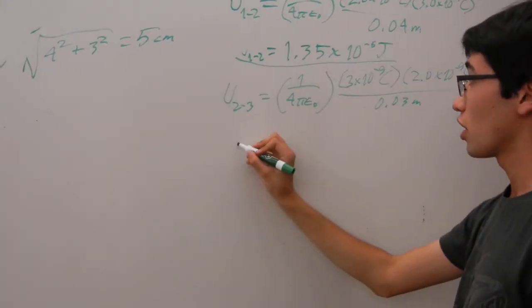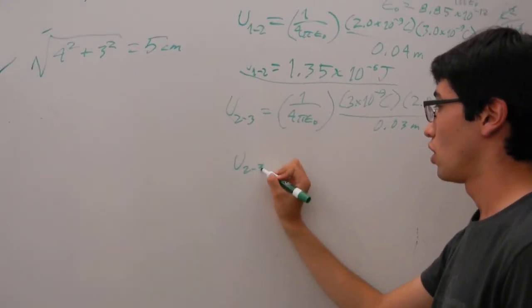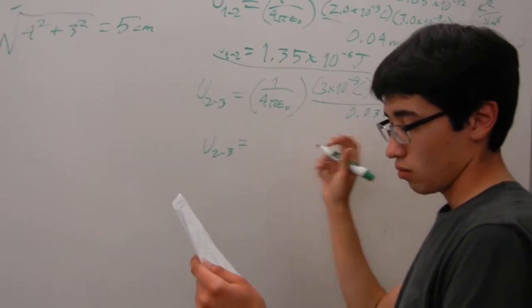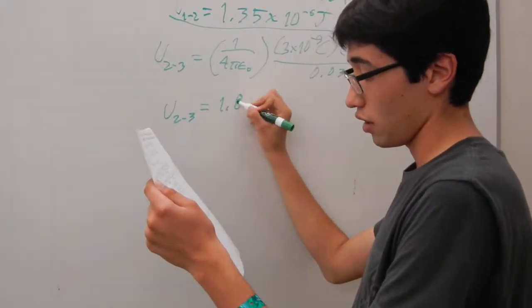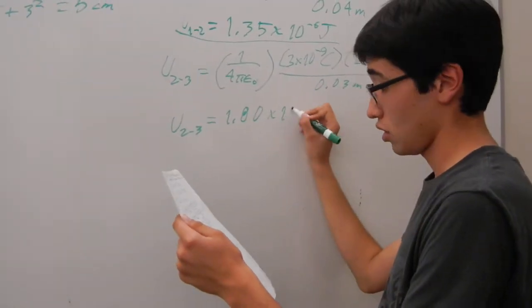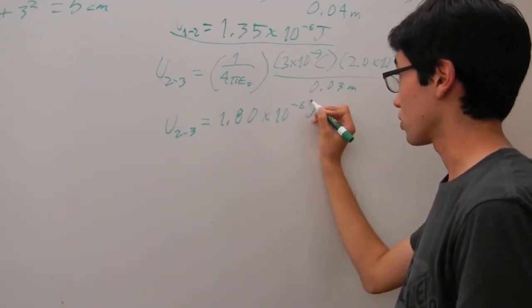And that math works out to be 1.80 times 10 to the negative 6 joules.